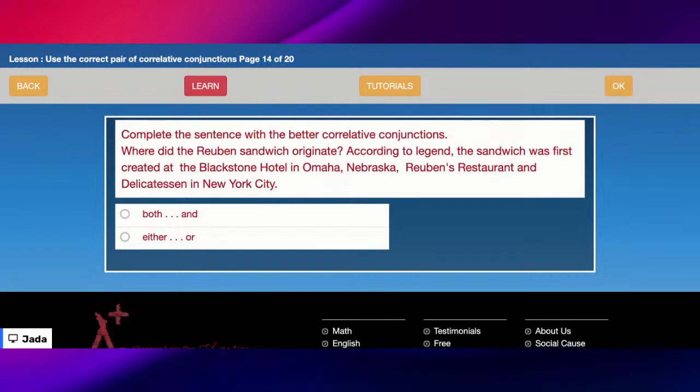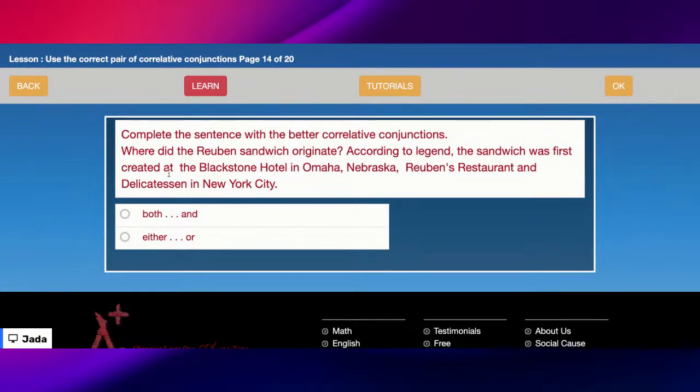Okay? Where did the Reuben sandwich originate? According to legend, the sandwich was first created at the dash. Okay, here there's an empty space. The sandwich was first created at the dash, the Blackstone Hotel in Omaha, Nebraska, dash, Reuben's Restaurant and Delicatessen in New York City.